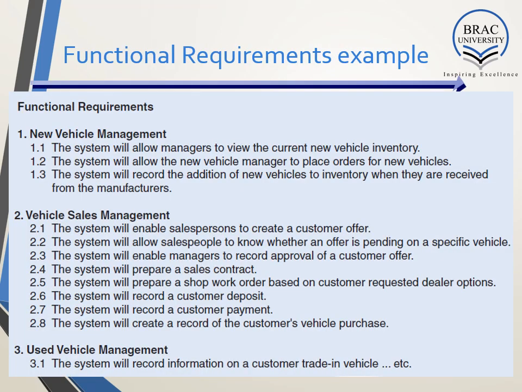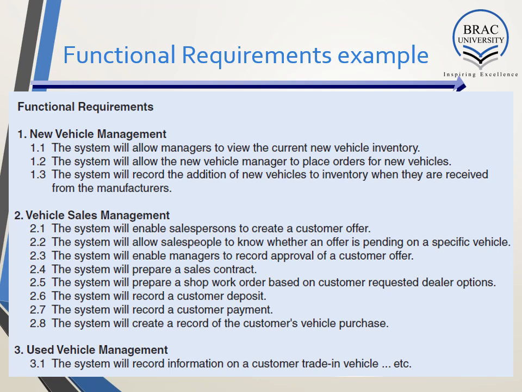So it is an example of a vehicle management system. We have to find the functional requirements or the basic features of this system. Here in 1.1, the system will allow the manager to view the current new vehicle inventory.